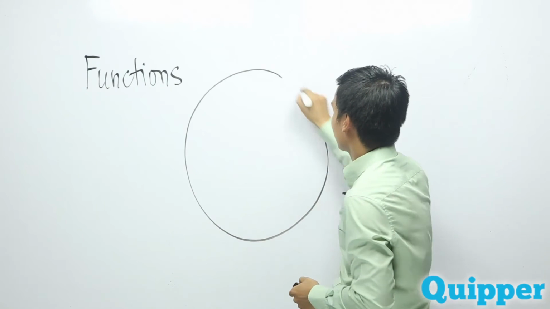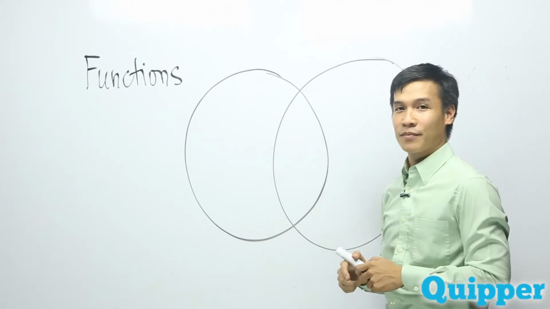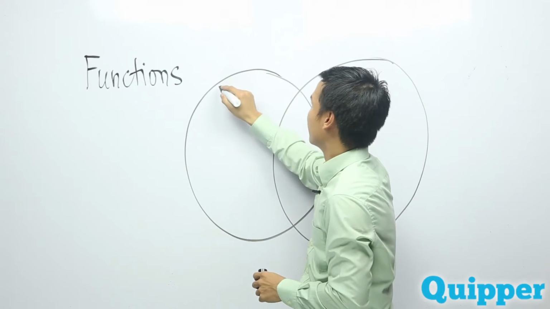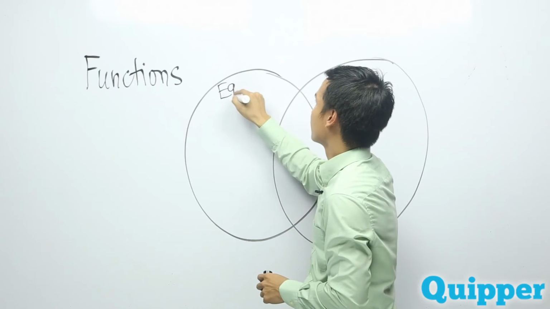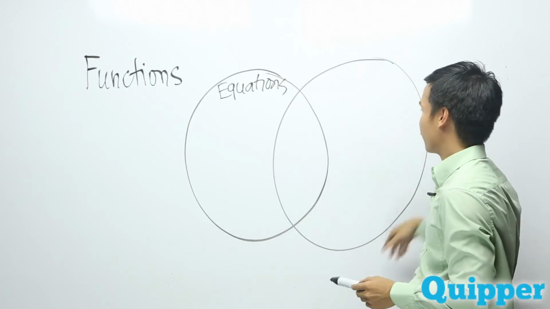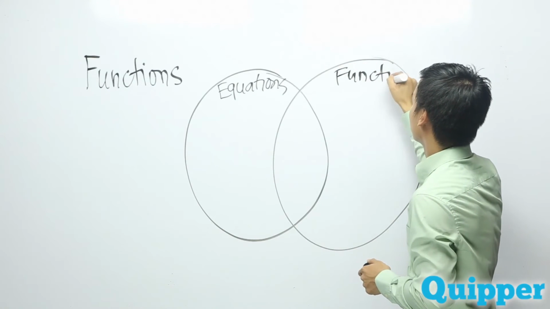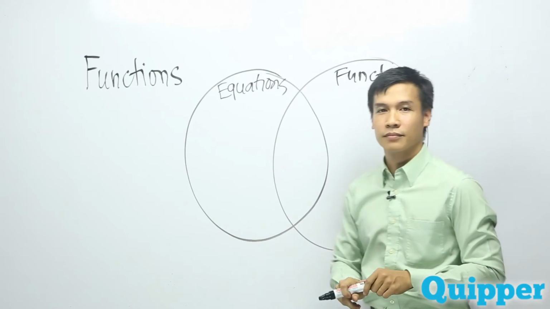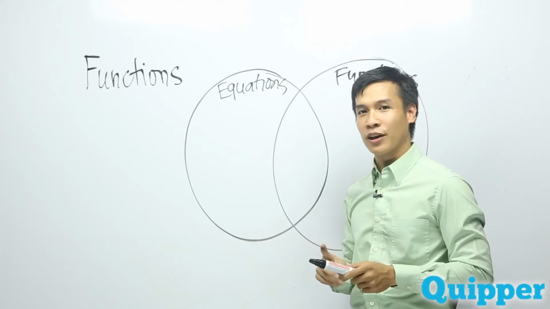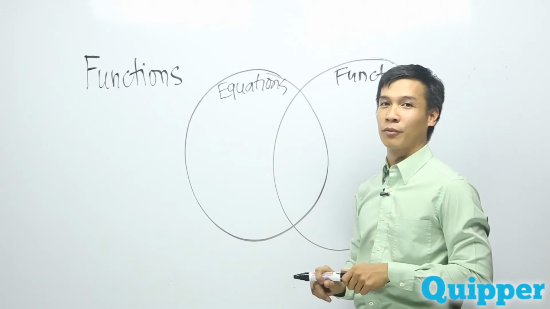Let's represent these two things as Venn diagrams. The left circle here, we can call the set of equations. This right Venn here can be called the set of functions. So a function, if we may go back, is any equation that has an input and an expected output.